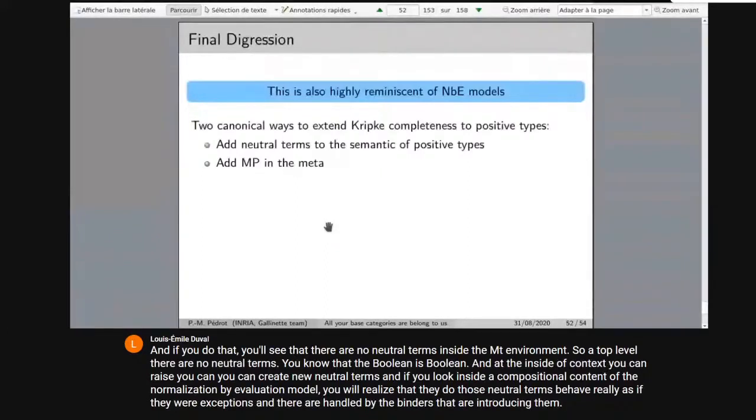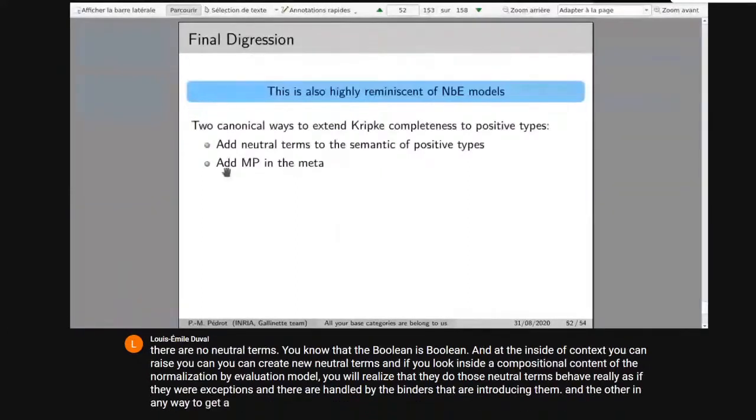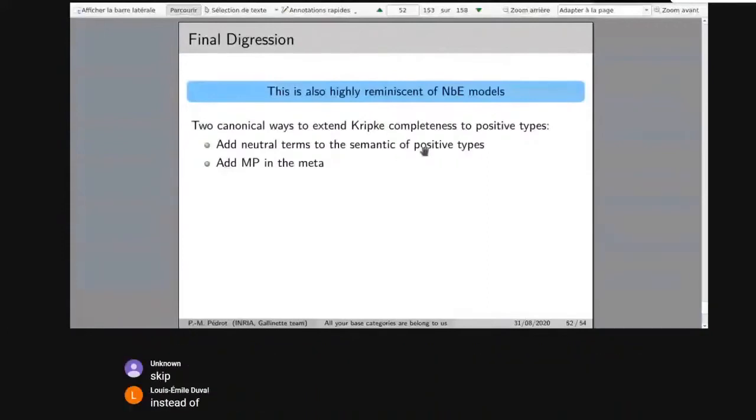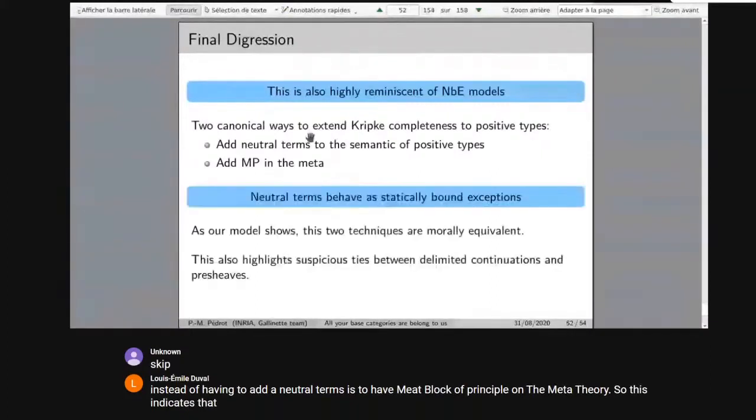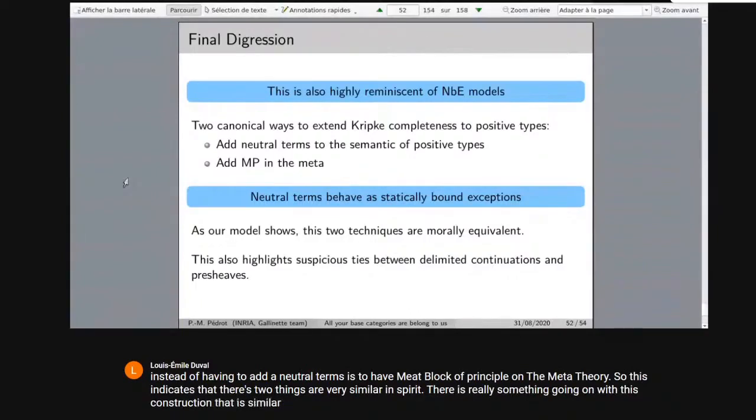And the alternative way to get completeness for positive types, instead of having to add neutral terms, is to have Markov Principle in the meta theory. So this indicates that these two things are very similar in spirit. There is really something going on with this construction that is similar in both cases.